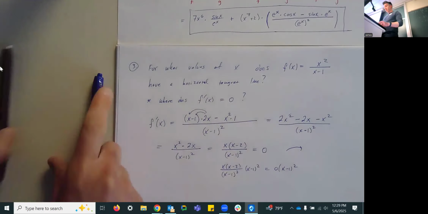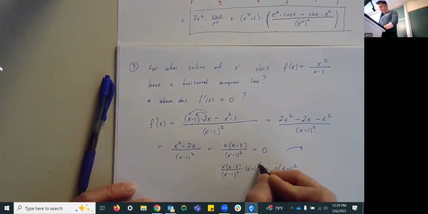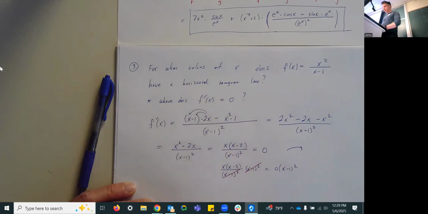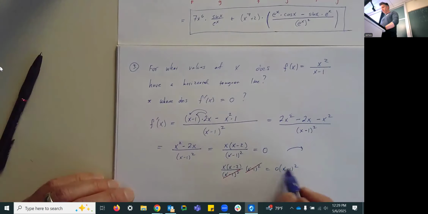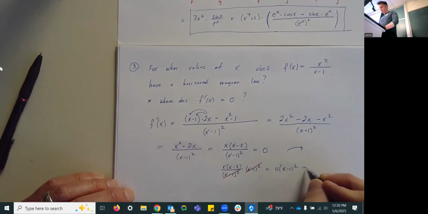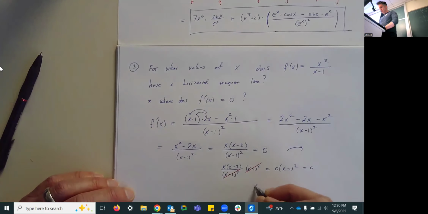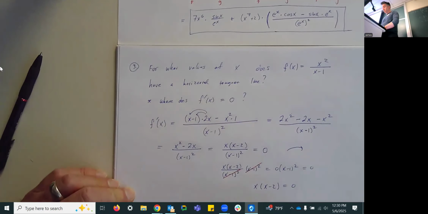On the left-hand side, the reason we've done that is to cancel the denominator because those divide to 1. On the right-hand side, 0 times anything is still 0. So now we're left with the equation x times x minus 2 equal to 0. And that equation has two solutions. Either x could equal 0 or x minus 2 could equal 0, which means x equals positive 2.